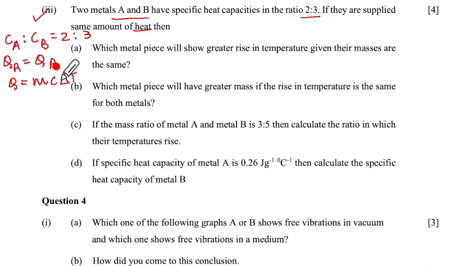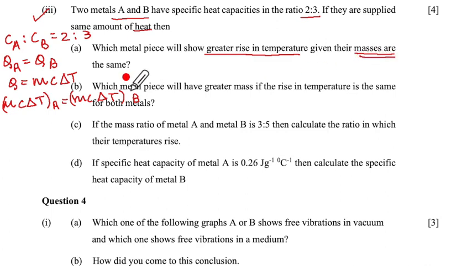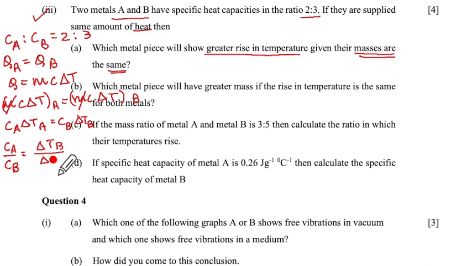So if our QA and QB are equal, then we will have mc delta T of metal A equal to mc delta T of metal B. Okay, now they are asking us which metal will show greater rise in temperature if their masses are the same, which means your mass of A and mass of B being equal, they will get cancelled, and we will have Ca into delta T of A will be equal to Cb into delta T of B. Okay, so we will have Ca upon Cb will be equal to delta Tb upon delta Ta.